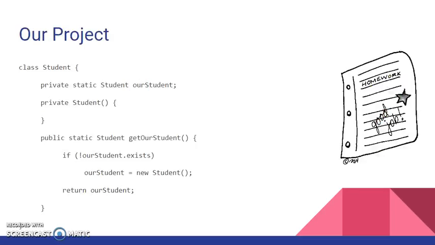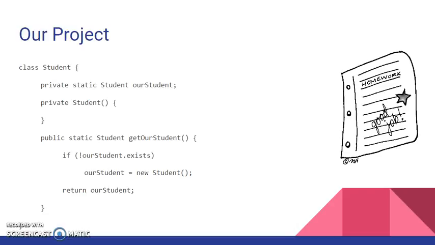The same concept applies for our project. Because we want to have just one instance of the student and don't want to have to pass around and conglomerate all of the different parameters and items that are modified in the student class, we can create just one instance inside of the student class and make it a private static student, as you can see here, and then make the constructor itself private, and then make a public static function to be able to get that one instance that we declared earlier of the student.